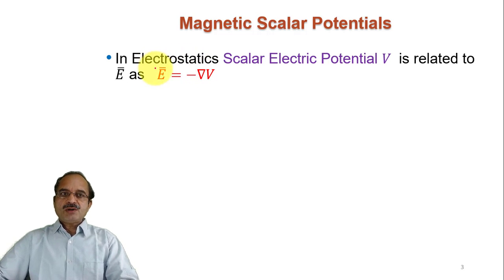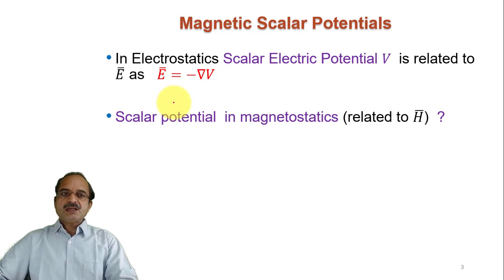Now in case of electrostatics, we have seen this equation E equal to negative gradient of V. This equation gives us the relationship between the electric field intensity and the electric scalar potential V. Similar to this expression, do we have the relationship between H and the scalar magnetic potential?